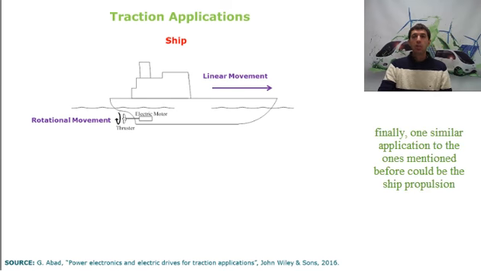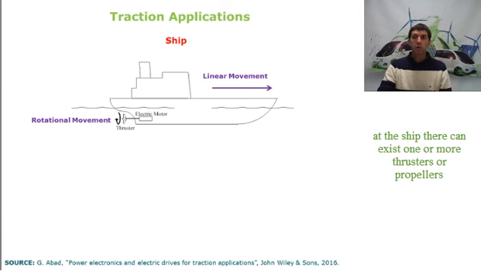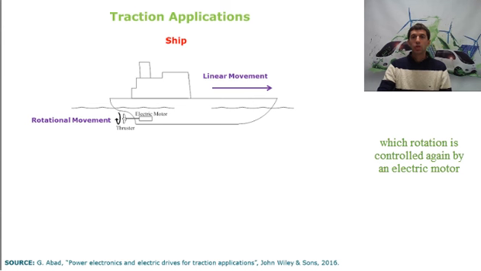Finally, one application similar to the ones mentioned before is ship propulsion. Modern ships nowadays are electrically propelled. As can be seen in this figure, on the ship there can be one or more thrusters or propellers, whose rotation is again controlled by an electric motor.